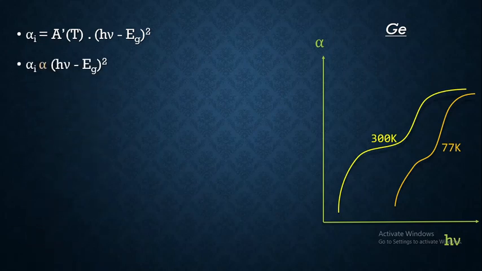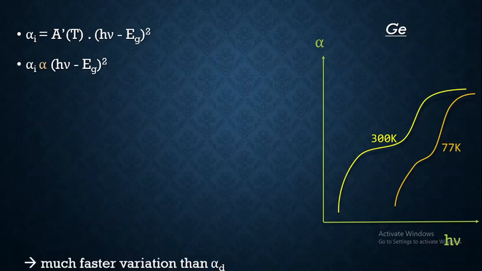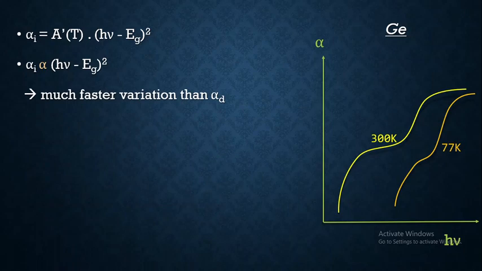As we can see, the dependence is to the square of h nu minus Eg. This variation will be much faster when compared to alpha d. That is, alpha d varies as h nu minus Eg to the power of 1 by 2, and here it is to the power of 2, that is the square of it.